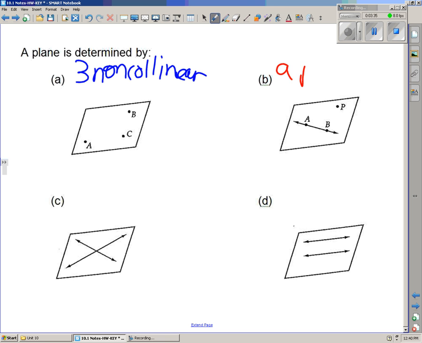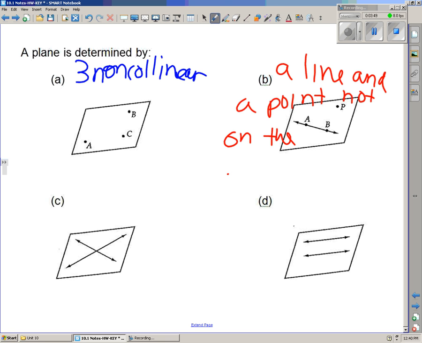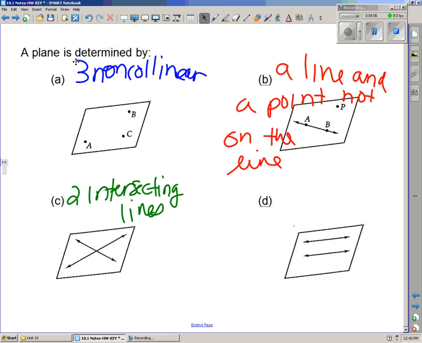So this would be a line and a point not on the line. A 3rd way to get a plane to exist is to have 2 lines that intersect. And then a 4th way for a plane to exist is to have 2 lines that are parallel.